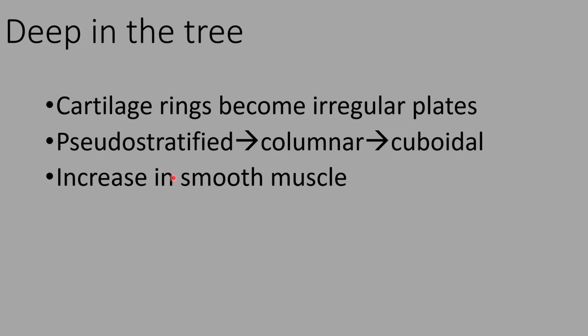There is smooth muscle all the way down, but the deeper you go, the cartilage gets less regular and is eventually completely replaced by smooth muscle entirely. The mucosal layer on the inside of these tubes begins as pseudostratified ciliated columnar epithelium. But the deeper we go, it transitions to simple columnar epithelium, and then eventually to simple cuboidal epithelium.